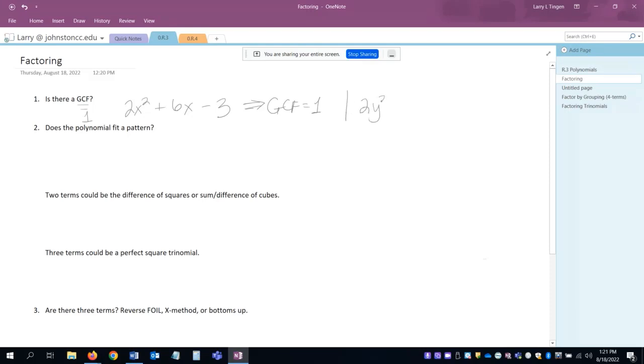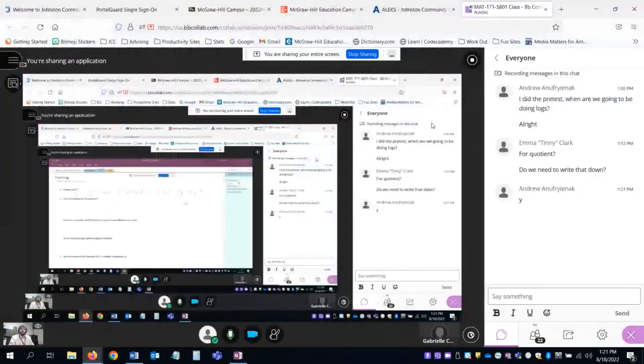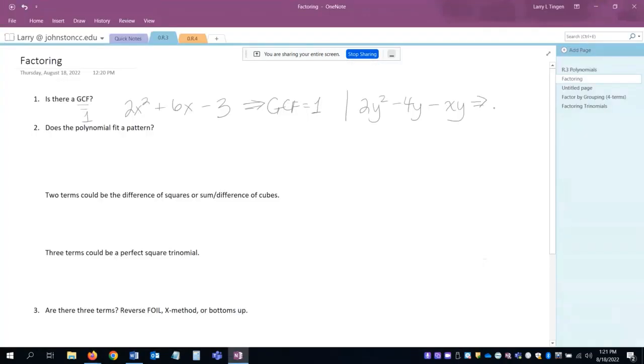What about this: 2y squared minus 4y minus xy. Yep, I got the y in here. So when I say factor out the GCF, it means pull the y out. What's the actual operation that's taking place here?